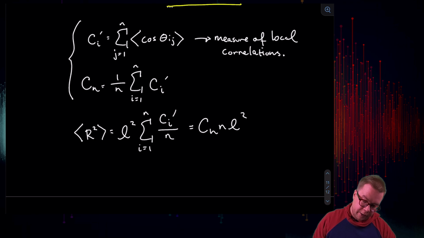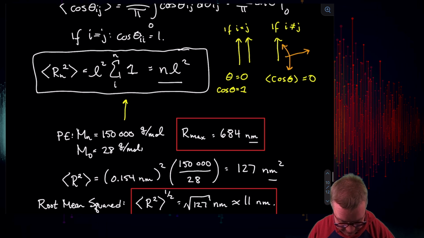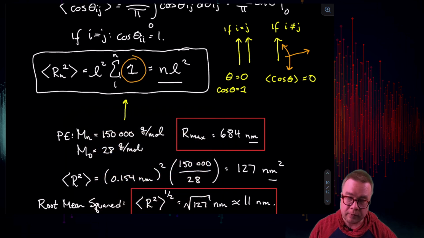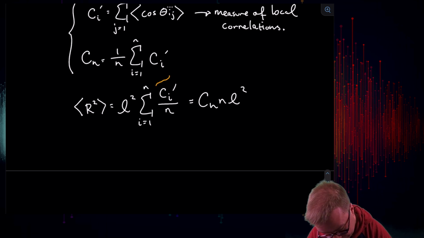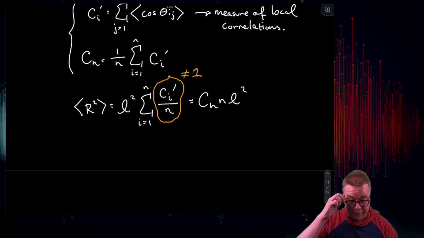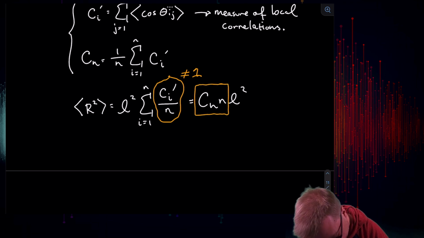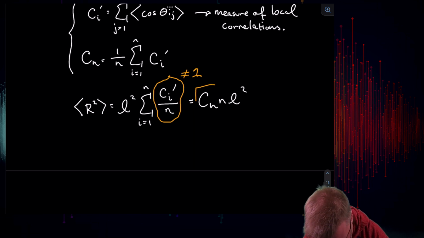In other words, we're not going to assume that we get this summation where everything is 1, like we did right here. Instead, what we're going to look at is the effect of having some kind of correlation where this value is not equal to 1. And by summing them all up, what we end up with is a term up front that looks like that. Or maybe I should just circle the C sub n, right?